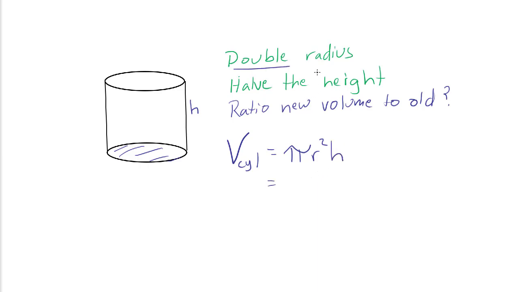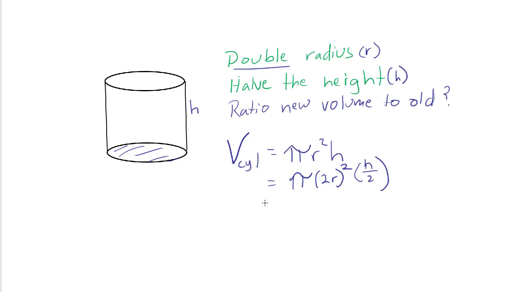They're doubling the radius. That means everywhere where I see r, I want to substitute 2r. So pi, for my volume formula, times 2r, rather than r, squared, times my height. And instead of my height, the variable h, I'm halving that height. So I want to substitute h over 2 in this case.